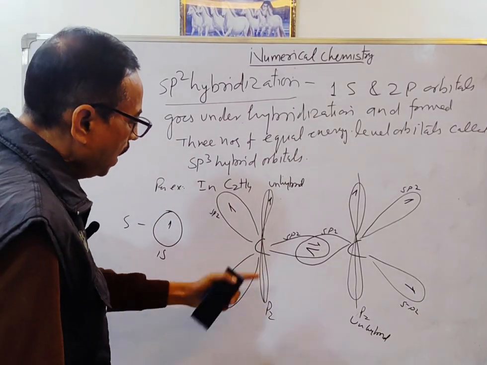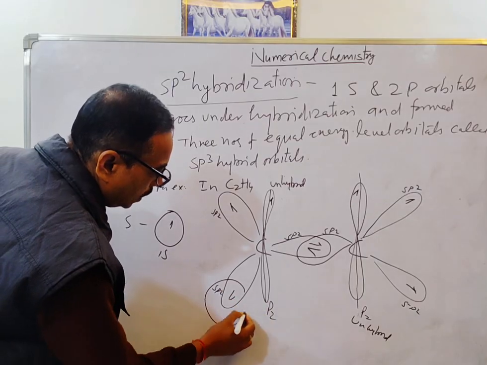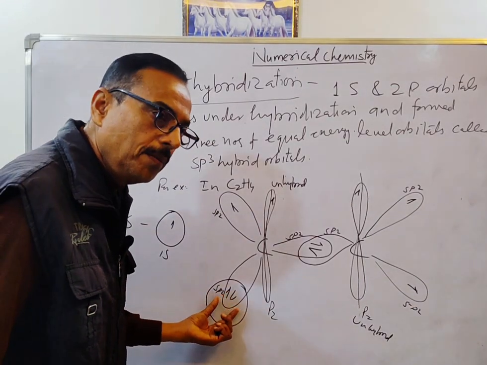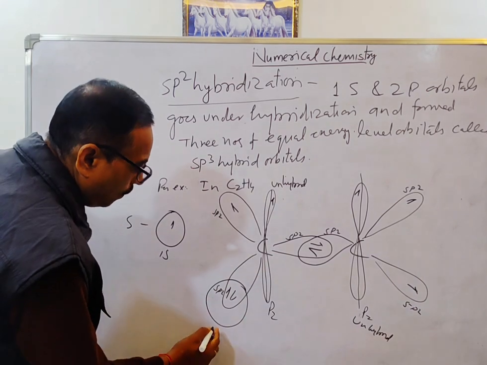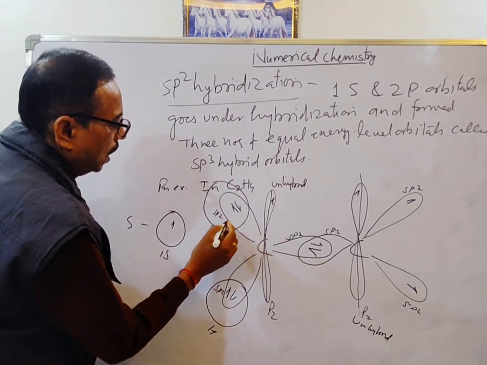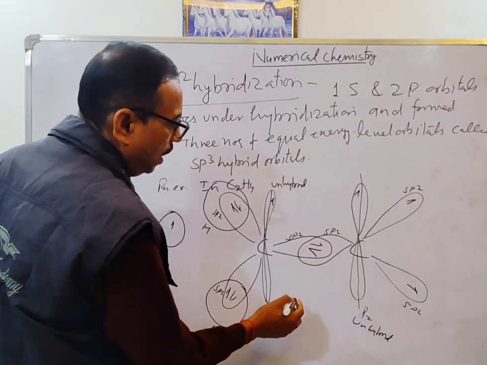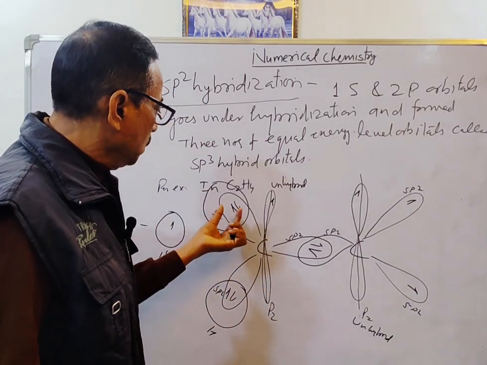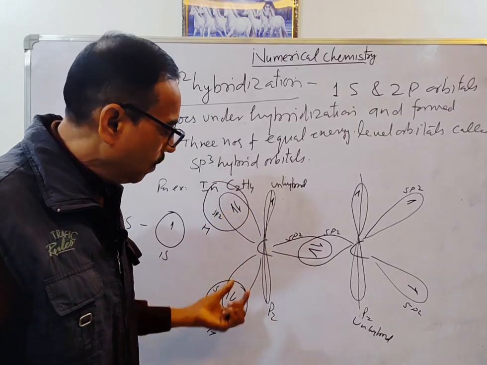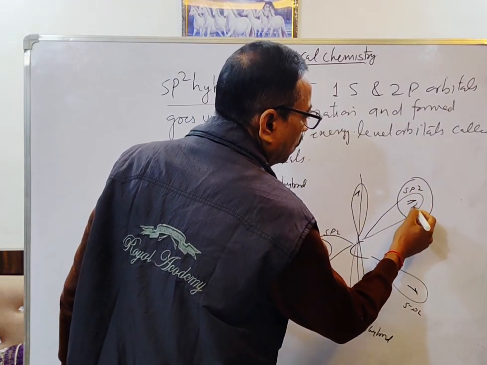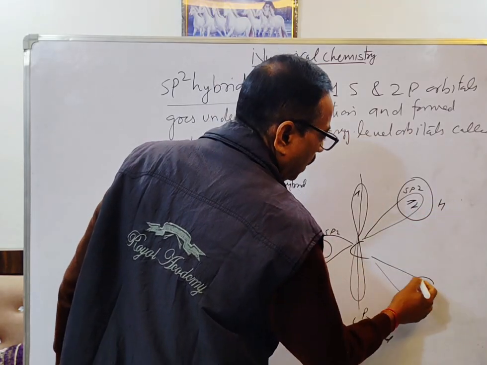It will combine with this carbon like this, forming a pair of electrons. This is hydrogen, and similarly here, completing the octet, and the 1s electron is complete. Similarly here, bonding like this.